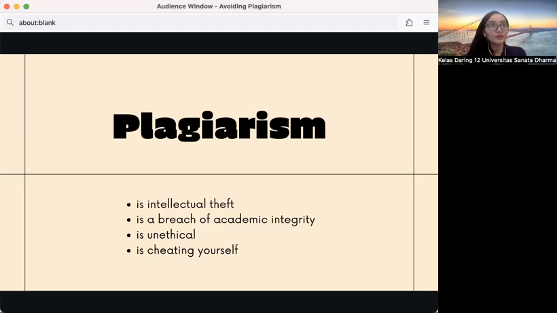You don't learn anything when you plagiarize or just copy and paste words from the AI writing machine, for example. And finally, it also prevents you from the process of establishing your ideas and your writing skill on a certain topic.